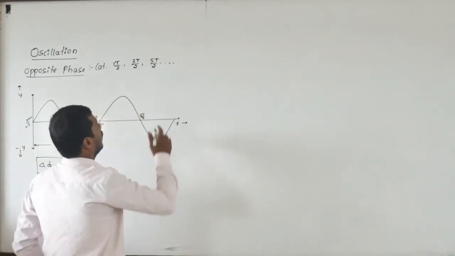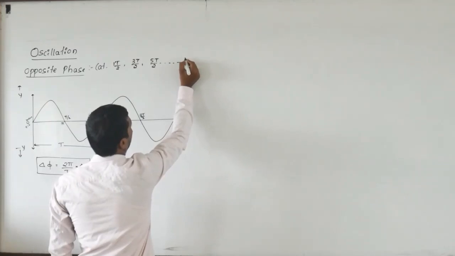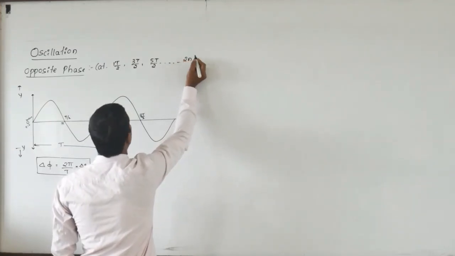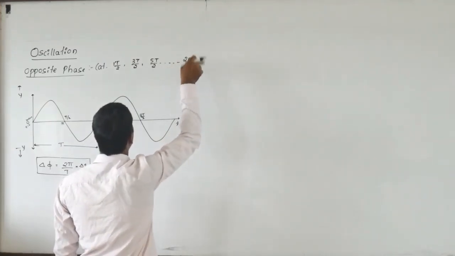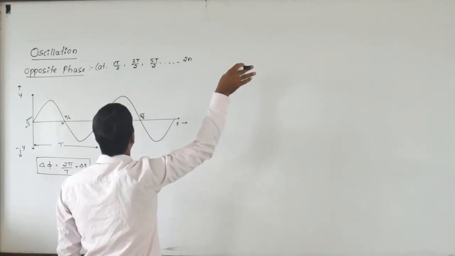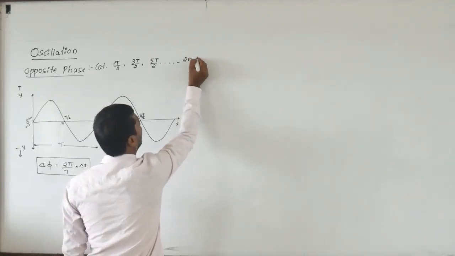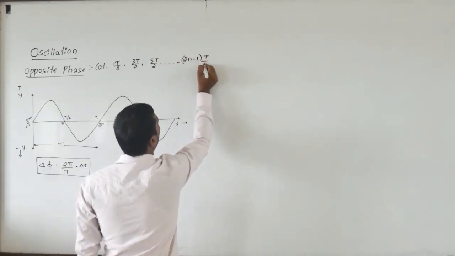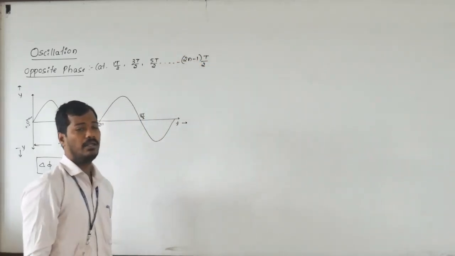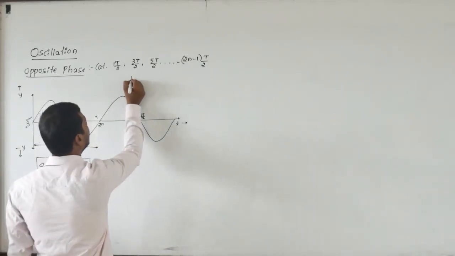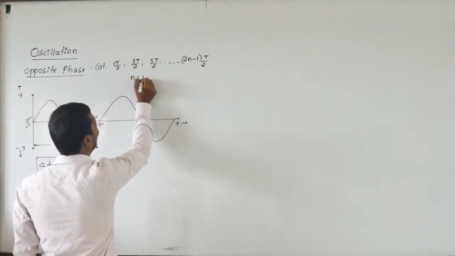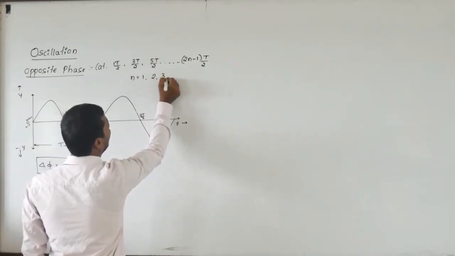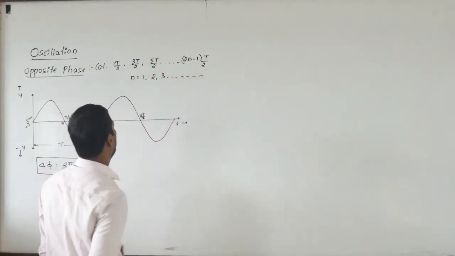If you write 1, 2, 3, 4, you can take 2n minus 1 times T by 2, where n is 1, 2, 3, up to infinity.